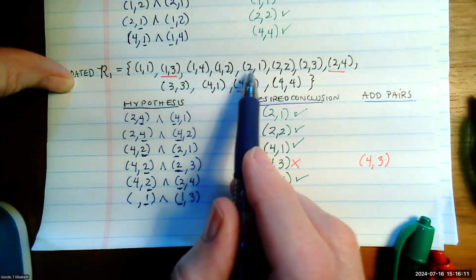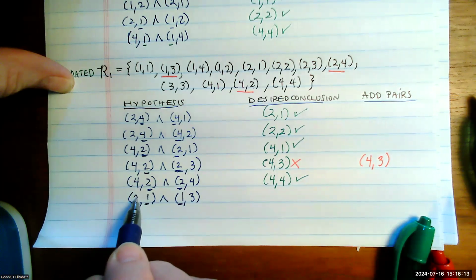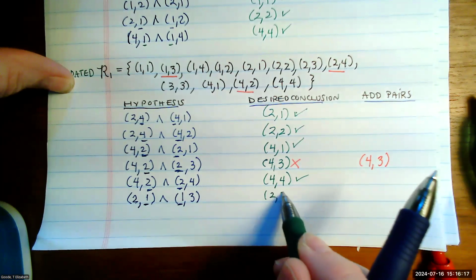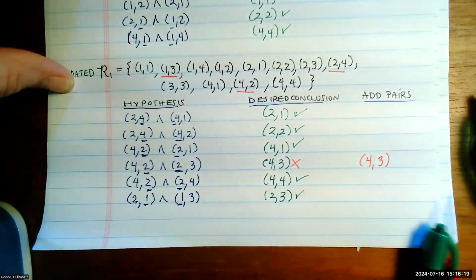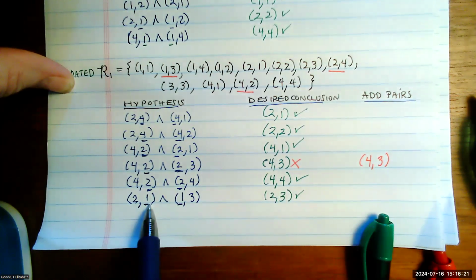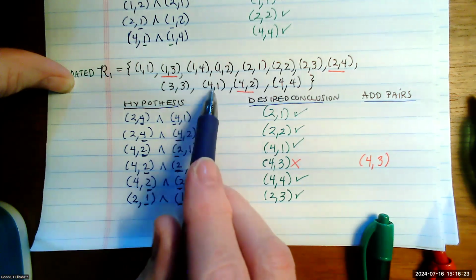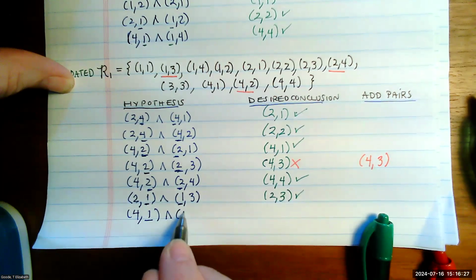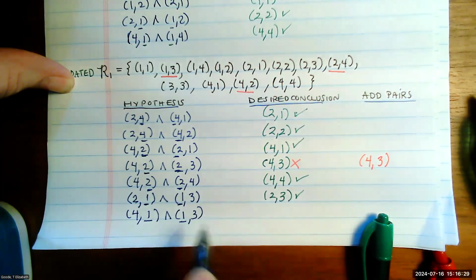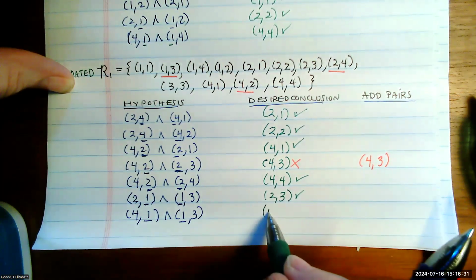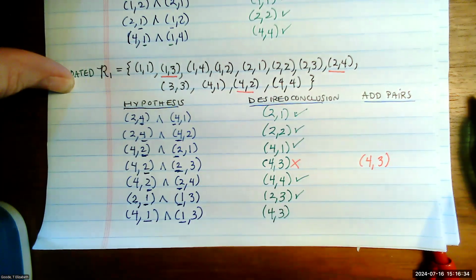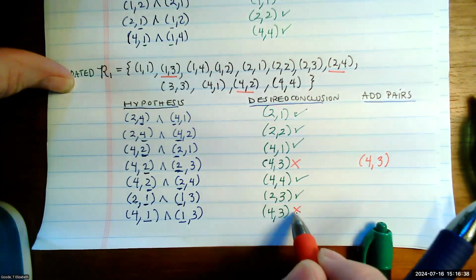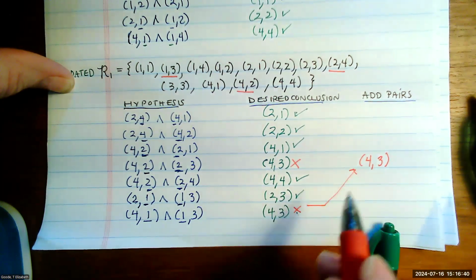But (2,1) we need, right? And then we're looking for (2,3), but we've got that. So far, so good. Anything else ending in a 1 that's not trivial? (4,1). So let's check (4,1) and (1,3). What ordered pair do we need? (4,3). And we've already added that, right? It's not in there yet, but we're getting ready to add it.